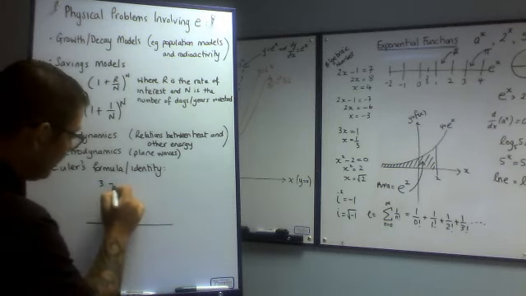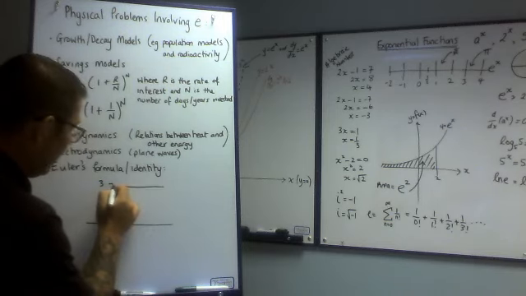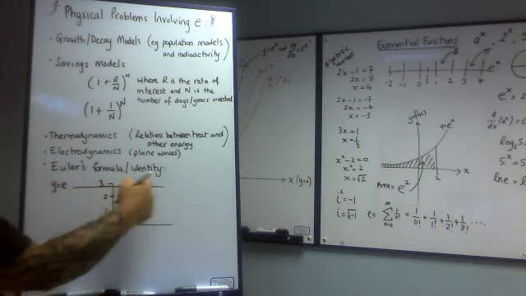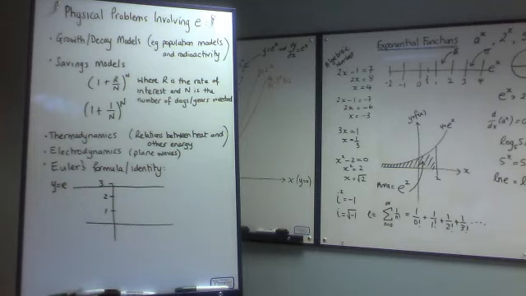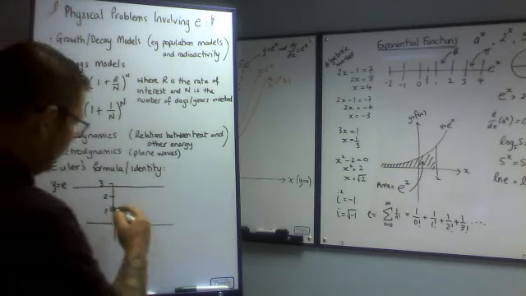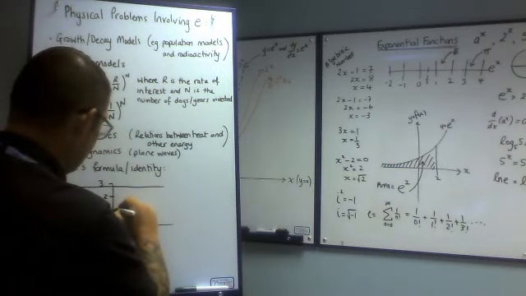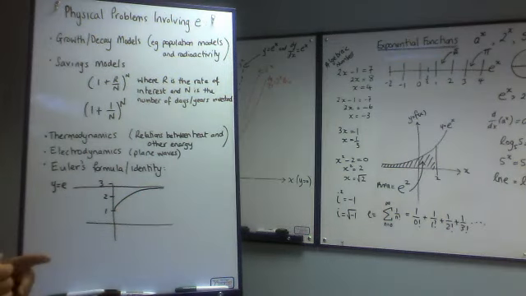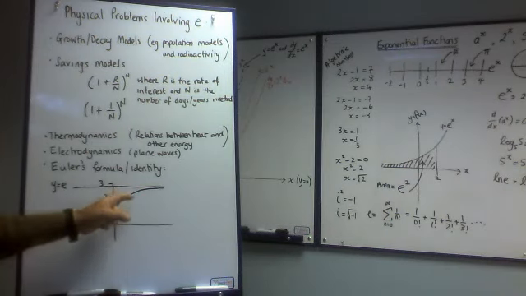If I draw the line y equals e, which is about this line here, then what happens when we look at our formula for continually compounding interest is that our value will be asymptotic, or it'll approach our value of e.